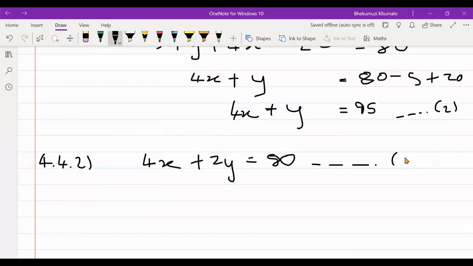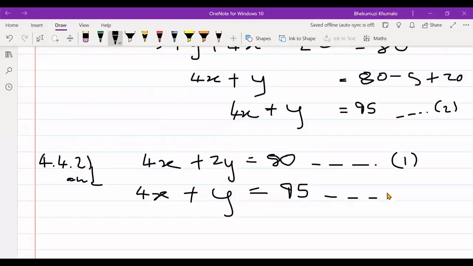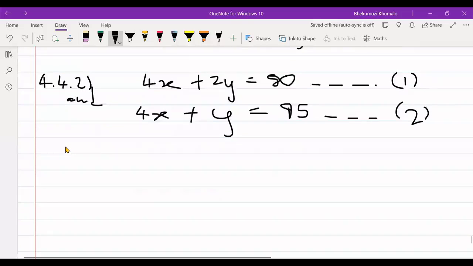And that's the first equation. And then we have 4x plus y equals 95. And this is the second equation.